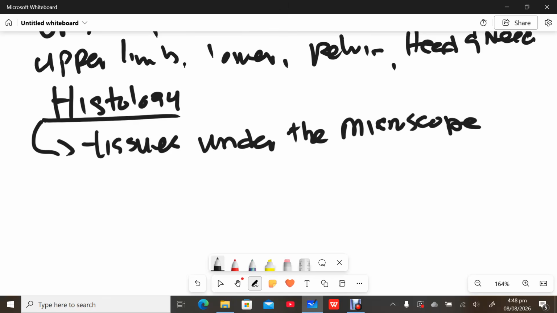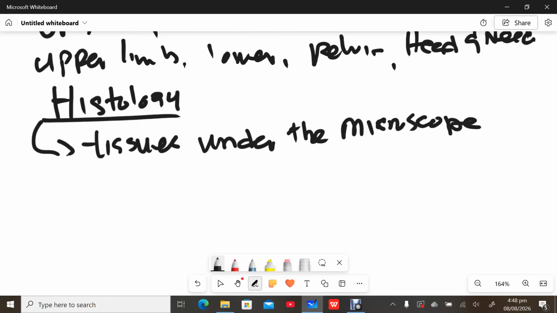So this is all about histology. Instead of looking at the whole organ, in histology you're simply looking at what the organ is made up of at a microscopic level.